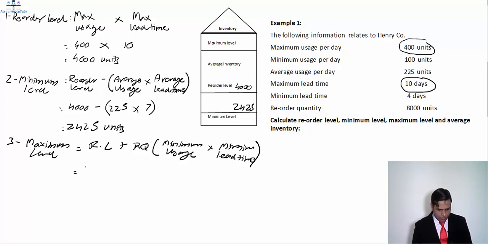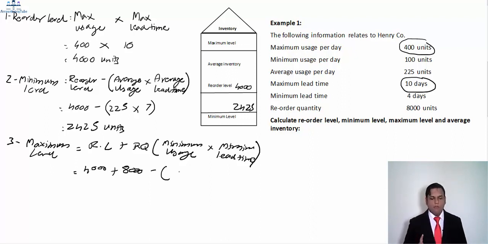Okay, we have got the reorder level of 4000 units. Now we require reorder quantity as well. We have got a reorder quantity of 8000 units as per our example. Then in between there's a negative sign. Most students forget that when it comes to minimum level or maximum level, before the bracket there is a negative sign, so do take caution over here.